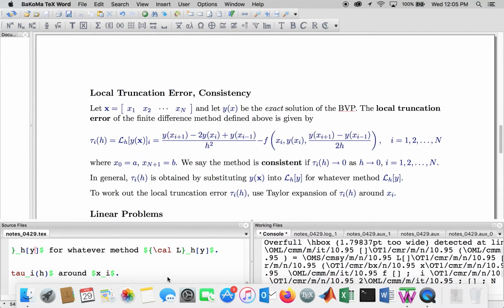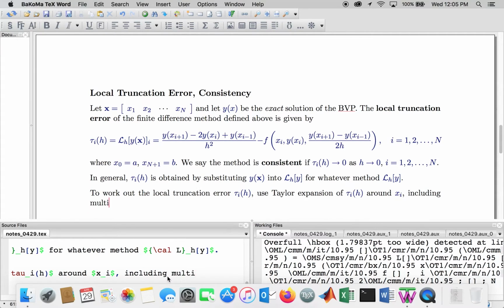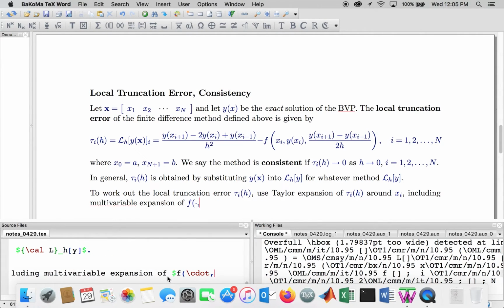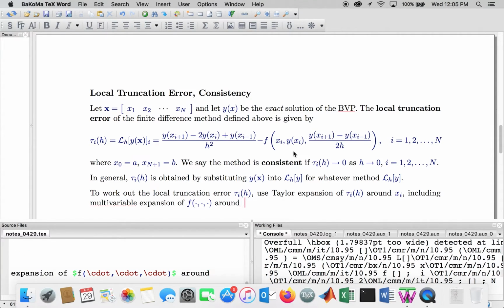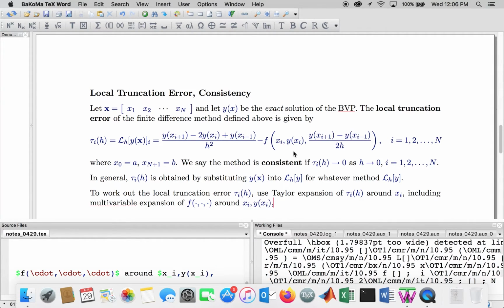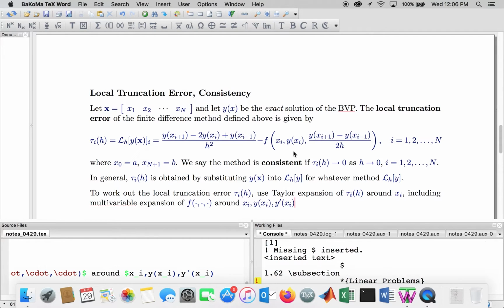What you need to do is a multivariable expansion of this expression, this evaluation of f, around xi, y of xi, and y prime of xi.